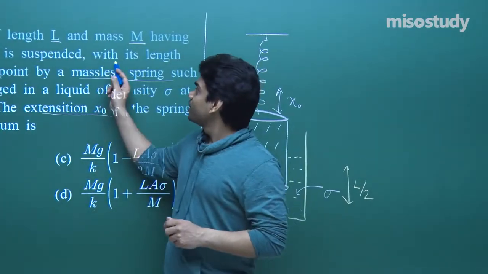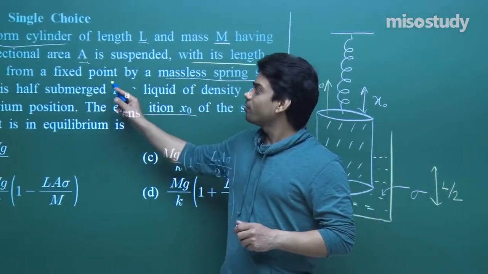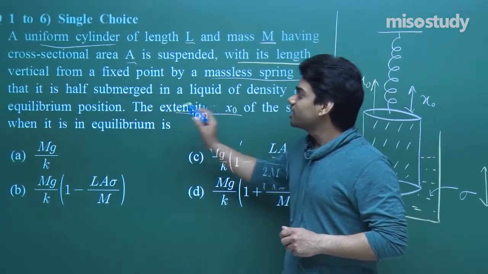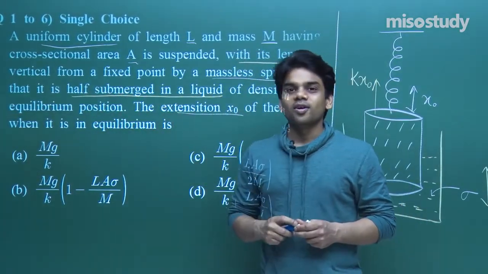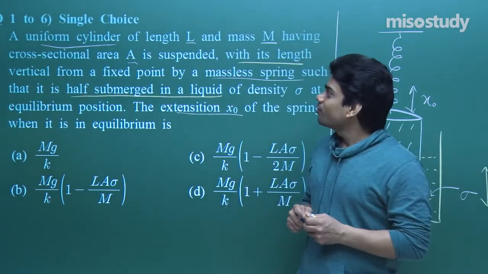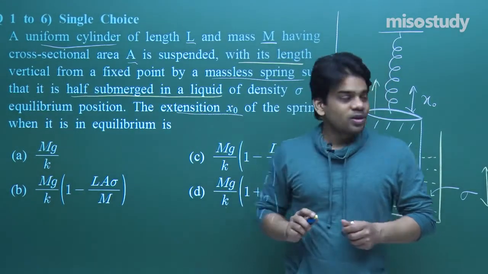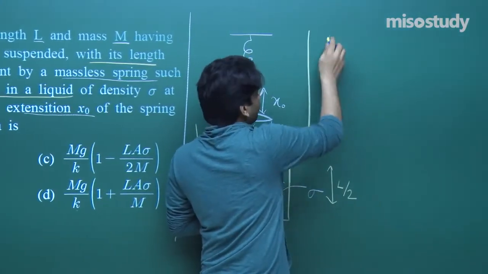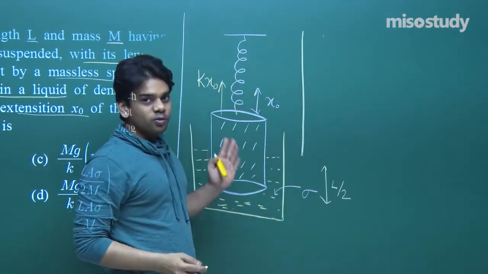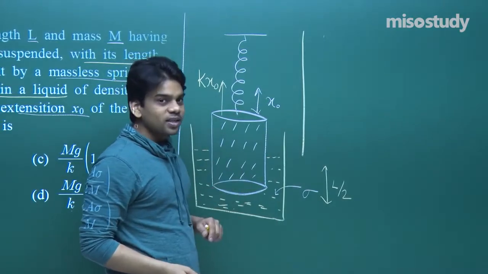You see that with its length vertical from a fixed point by a massless spring such that it is half submerged in liquid of density sigma. Now you see here what you need to apply. First of all, let me show you here the net upward force. You have to see that the net upward force will be equal to the weight of the cylinder.